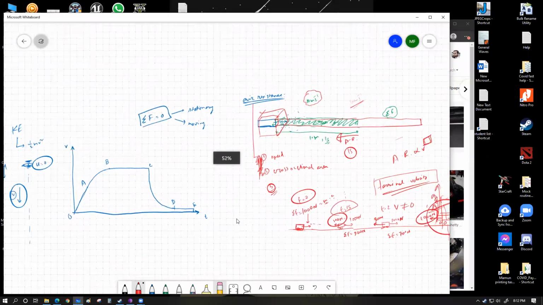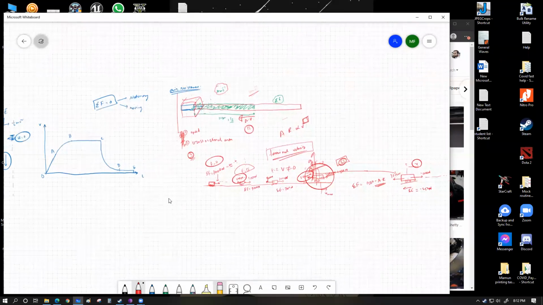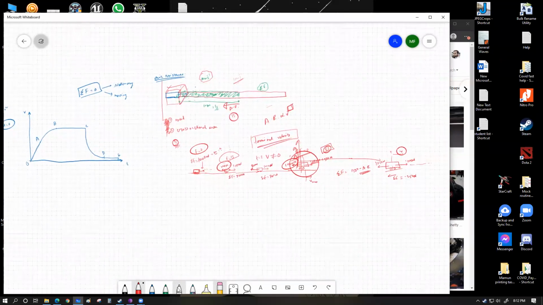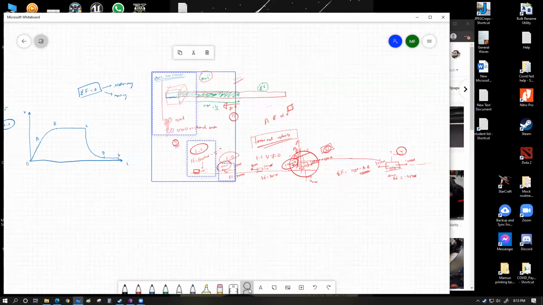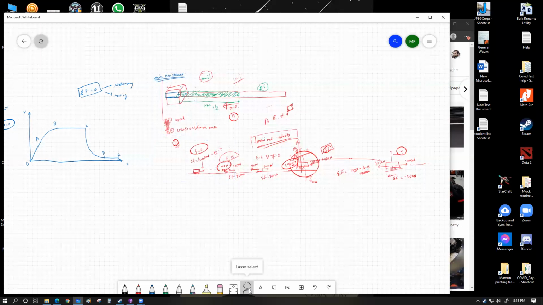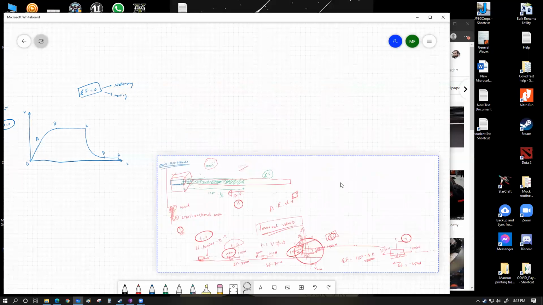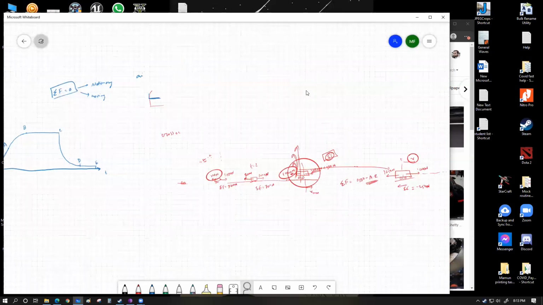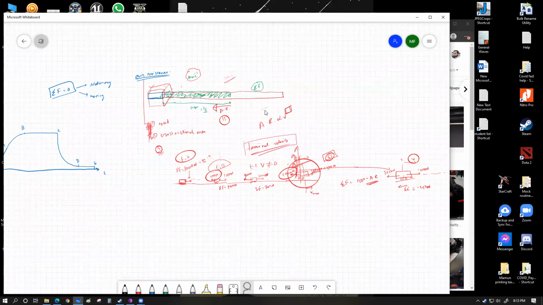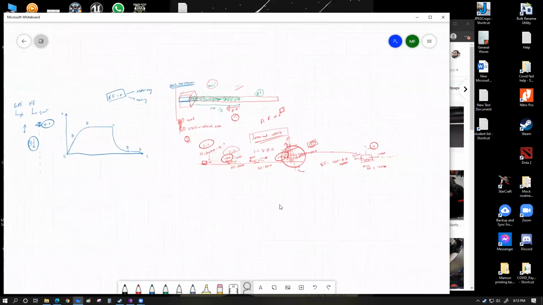Okay, to make sense of this graph, I'm going to need this white space. So I'm going to move this whole thing somewhere else. So where's my... nope. Why am I so bad at this?